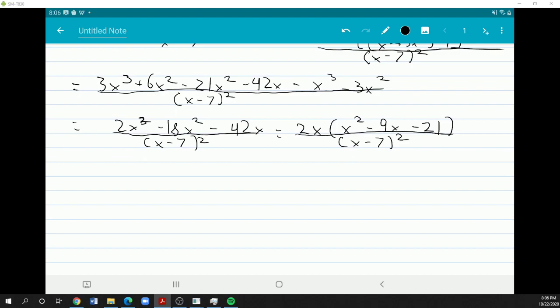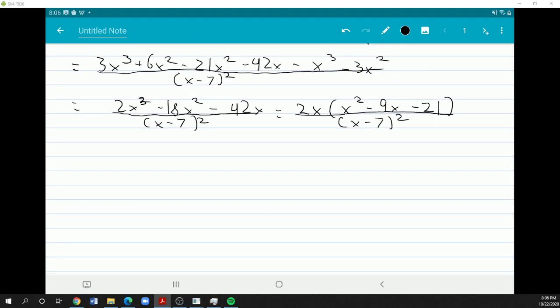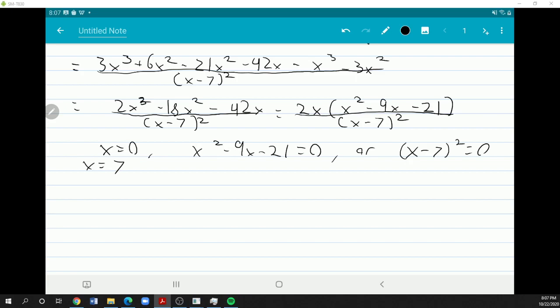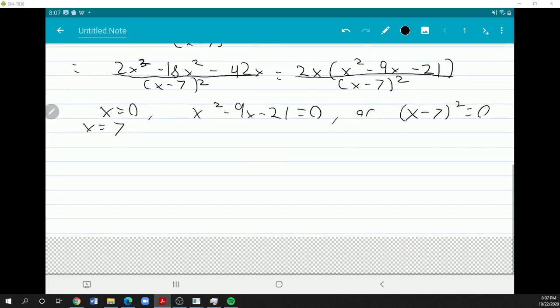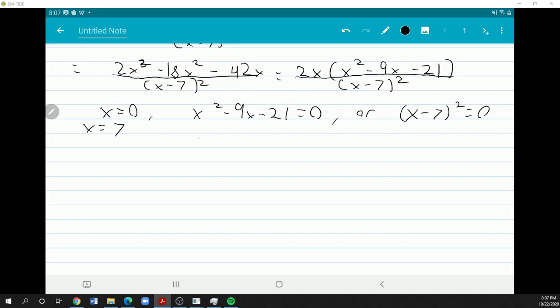So then we find zeros of this. So we need x equals 0 on top, x squared minus 9x minus 21 equals 0, or the denominator, x minus 7 squared, is equal to 0. So this gives us also x equals 7. And then this last thing we can use quadratic formula on.